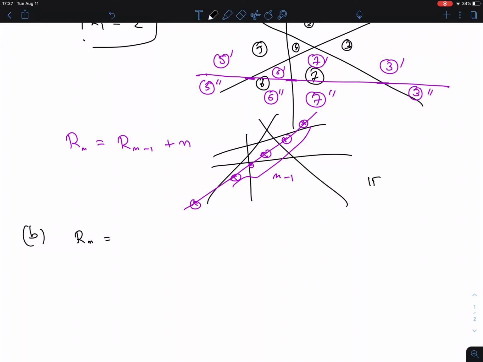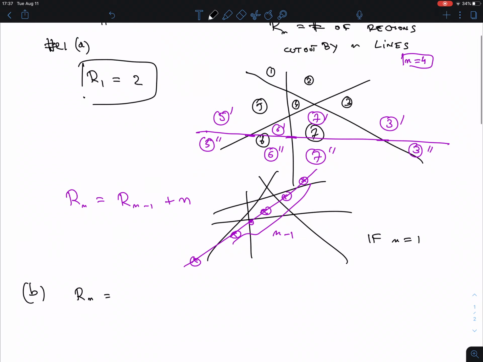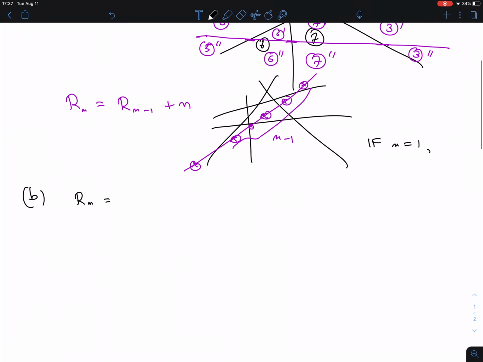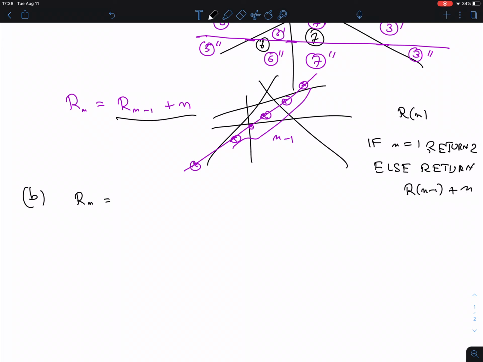If n is 1, return 2, because that's the initial condition. Else, return, let's call R the function, R(n minus 1) plus n, right? That's this expression. This would be a recursive algorithm that calculates this number.